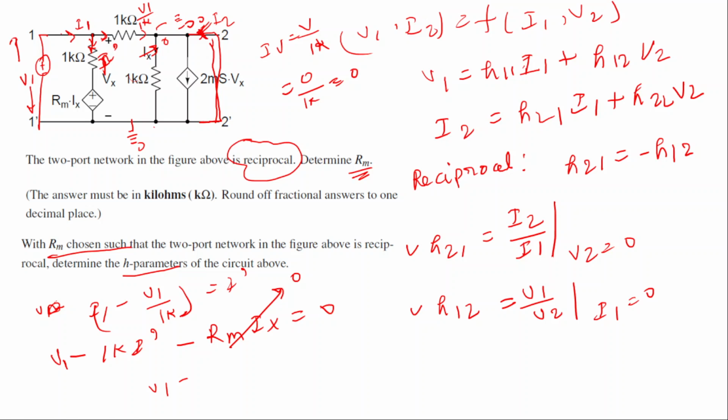V1 will simply equal 1k times I dash, which equals 1k times I1 minus V1 by 1k. Now let's rearrange the terms.